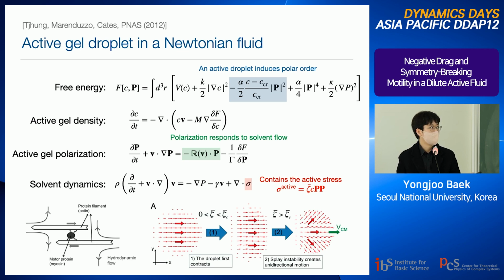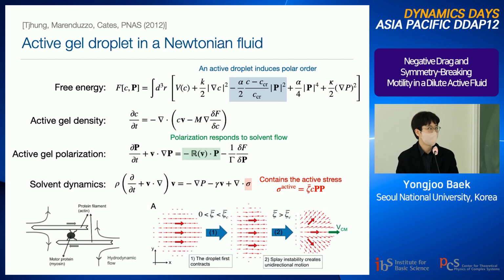But what you can find using these equations is that when the active contractile stress is strong enough, and if you prepare the system such that the filaments are aligned and have some kind of polar order, then the strong contractile stress can result in a splay instability.